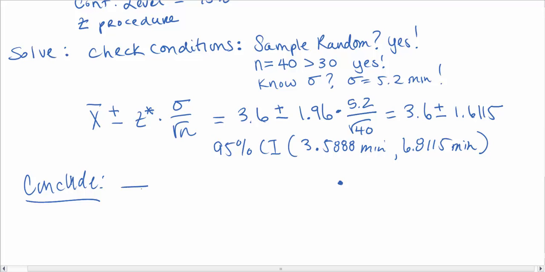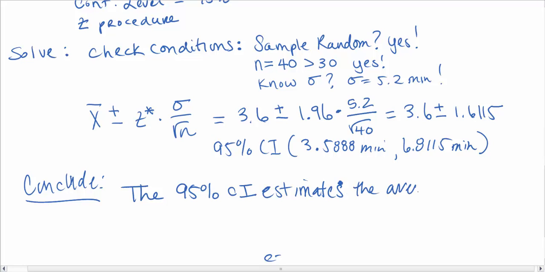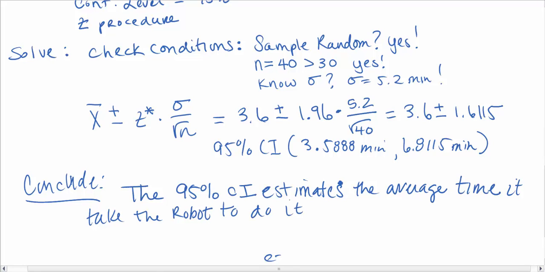So if we're using the sample write-up, we'd say the 95% confidence interval, and I'm just going to abbreviate confidence interval as CI, estimates the average time it takes the robot, and this is the context part, to do its job.